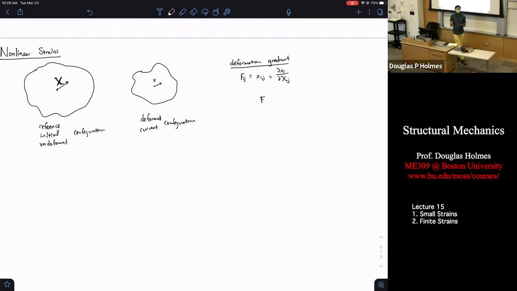Now you could just stick in for i and j 1, 2, or 3, and you're going to get a tensor. So for instance, I could write dx1 dX1, dx1 dX2, dx1 dX3, and so on.